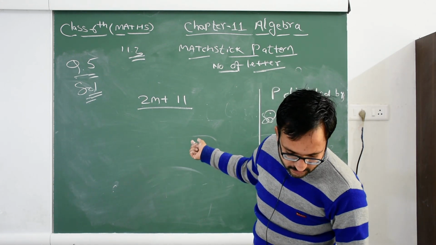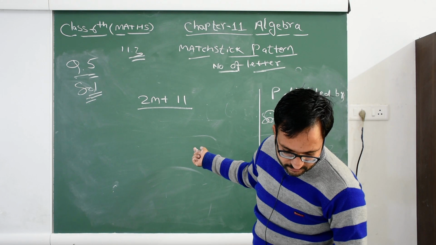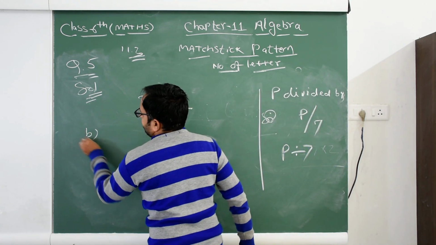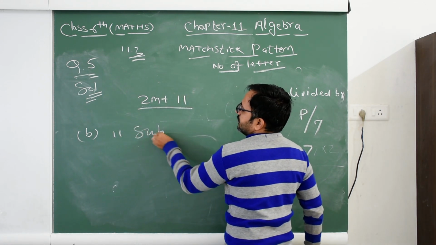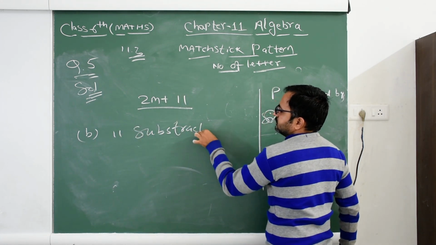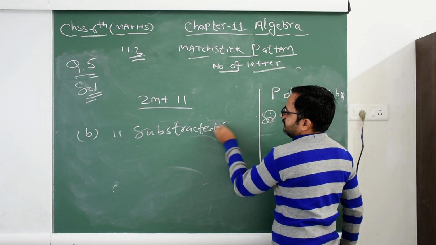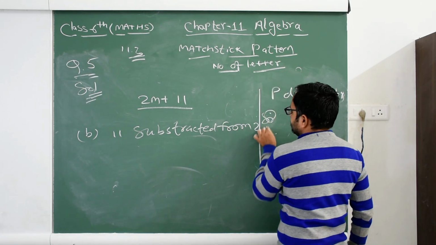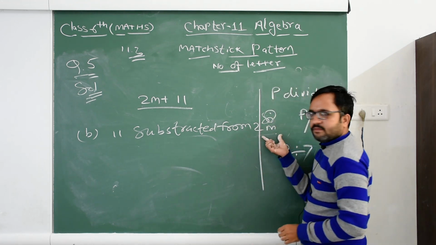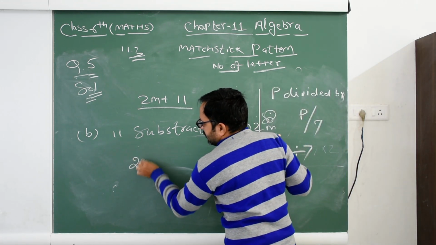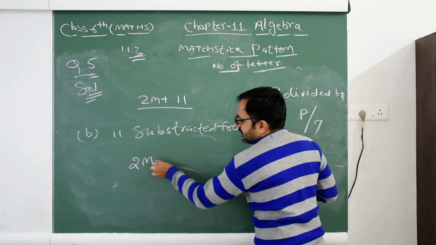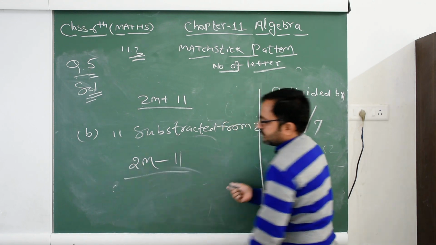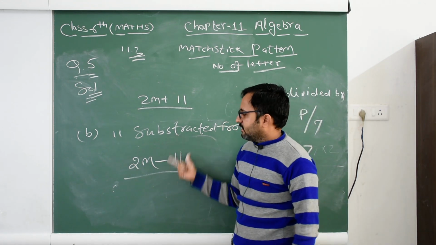Now again part B: 11 subtracted from 2m. 2m is here, subtracted means minus, and what we subtract is 11. So 2m minus 11 is your expression.